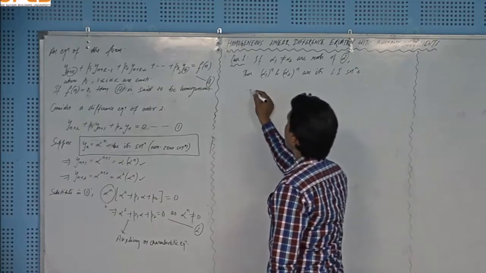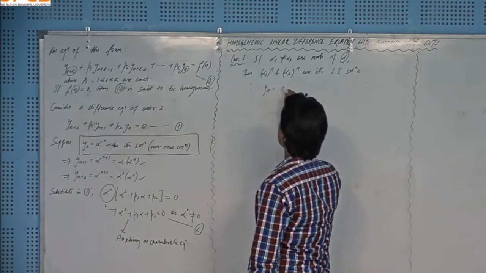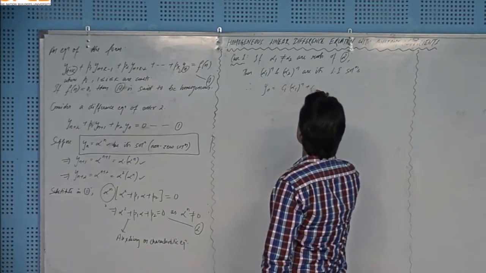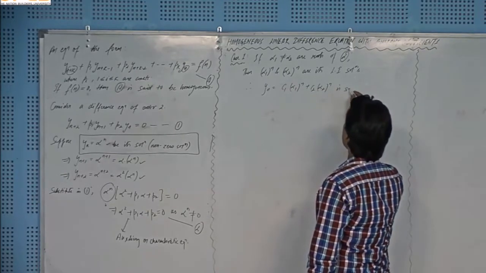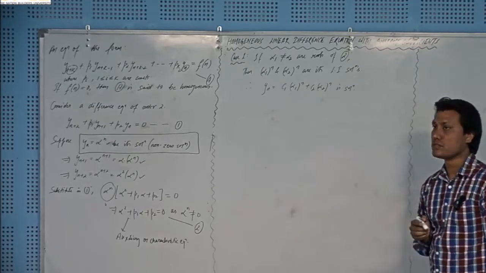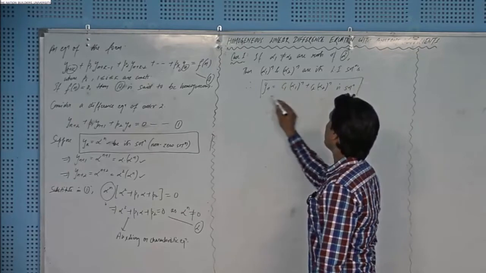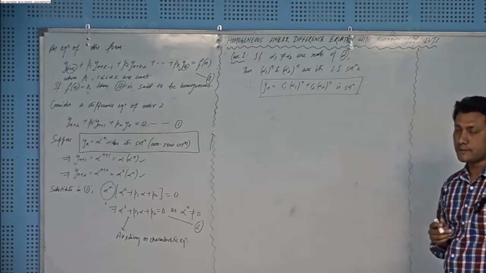Therefore the complete solution will be given by their linear combination, yn equal to c1 alpha 1 to the power n plus c2 alpha 2 to the power n, where c1 and c2 are arbitrary constants, right? So this will be the solution when we have distinct roots.